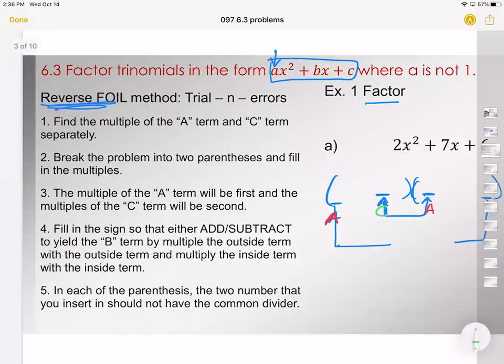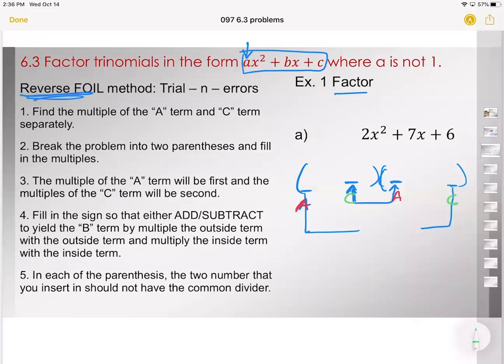You fill in the A term first and the C term second. Then you determine whether you add them together or subtract them to give you the B term. If you remember, whatever your C term is, if it's positive, we think in terms of addition. If it's negative, we think in terms of subtraction, okay?